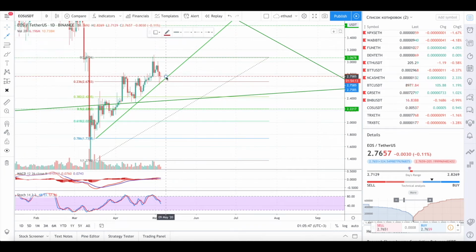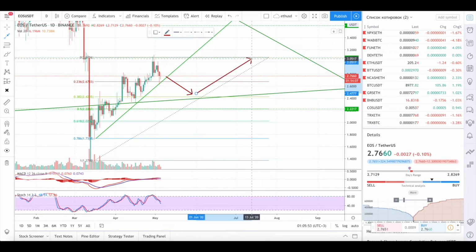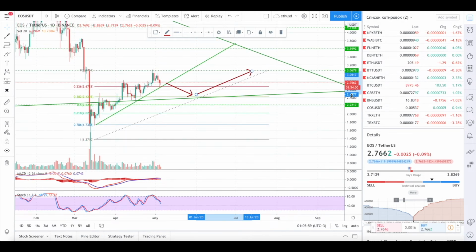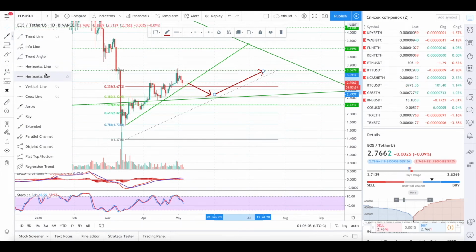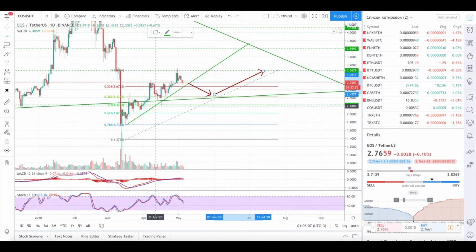The price will likely go like this. It will return to 2.45, and from here it will go to retest the level of $3. Once again, it will be necessary to observe how the price behaves at this level of $3, and if it breaks it, the price goes further to its goals.